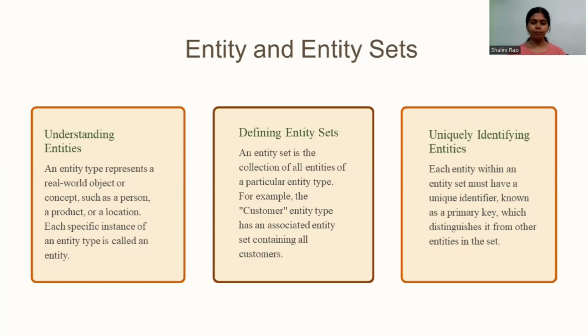For example, the customer entity type has an associated entity set containing all customers. Uniquely identifying entities. Each entity within an entity set must have a unique identifier known as a primary key, which distinguishes it from other entities in the set.